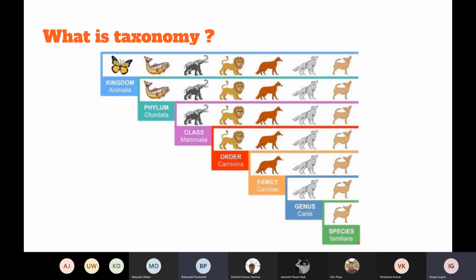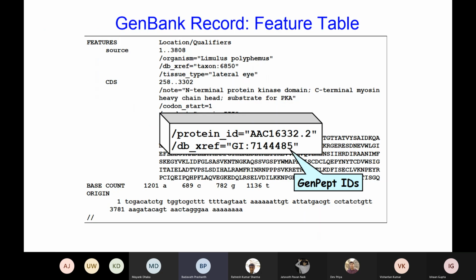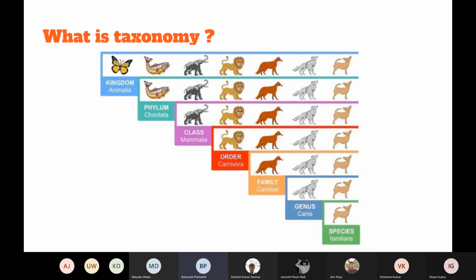And then within that, the species is called familiaris. So it's Canis familiaris. Can somebody tell me the common name for this dog by quickly Googling? Domestic dog. It's a domestic dog, a house dog. Yes, all right.